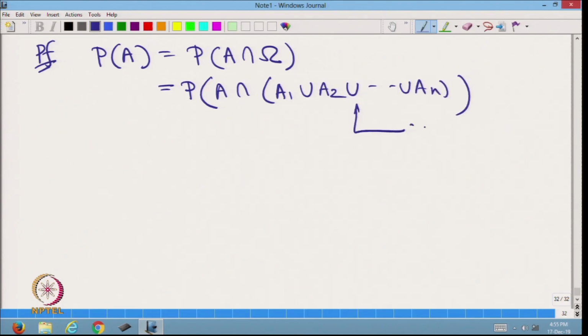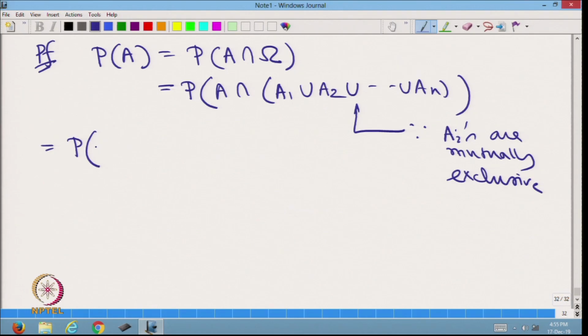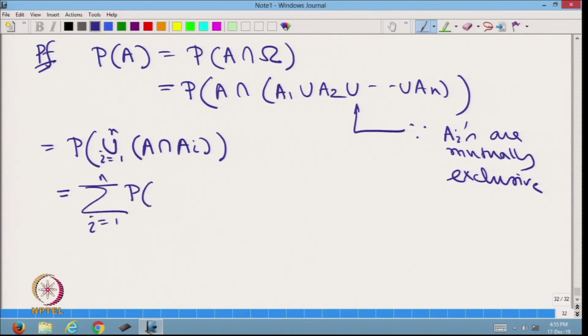This is possible since the Ais are mutually exclusive, is equal to probability of the union over i is equal to 1 to n of A intersected with Ai, is equal to sigma i is equal to 1 to n probability of A intersected with Ai.